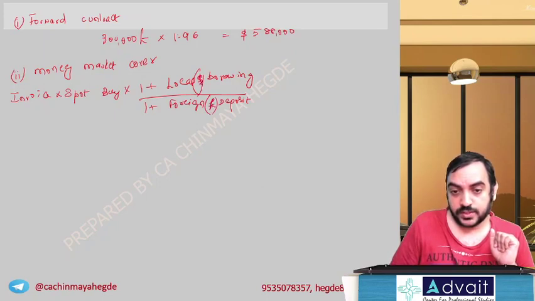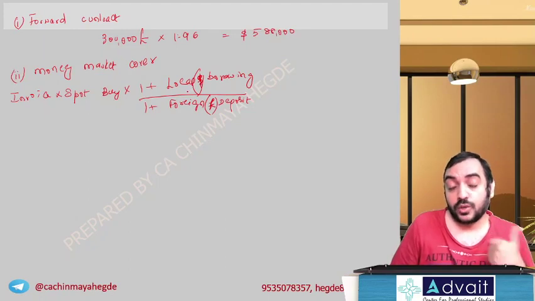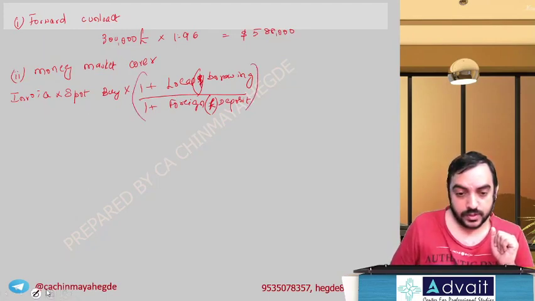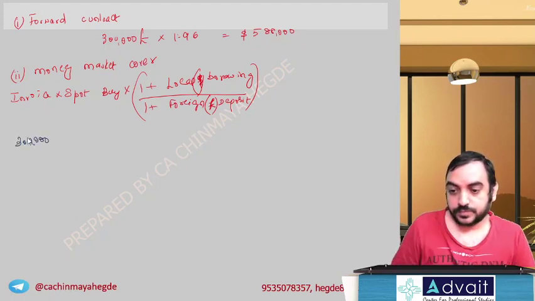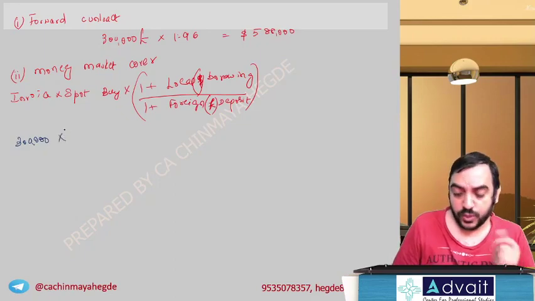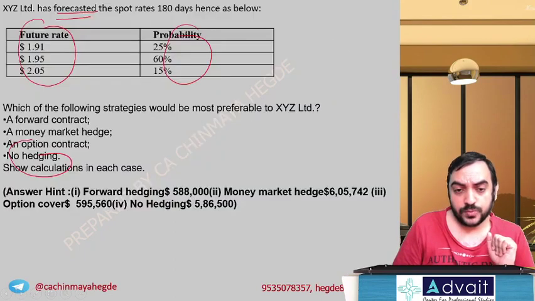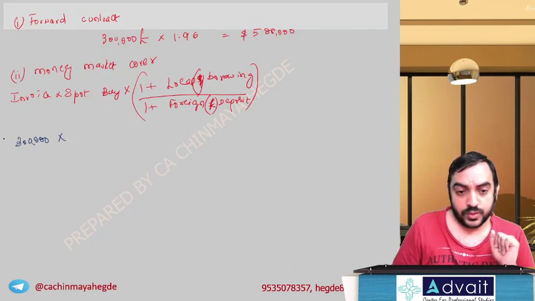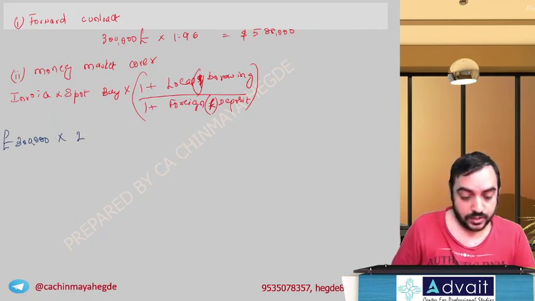Local is dollar borrowing, and foreign in this case is pounds deposit. So invoice amount 3 lakh multiplied by spot buy. Only one rate is there, that is 2. We don't want to do it directly, we'll write in steps.